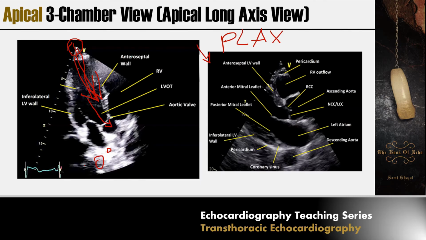But if you measure it in this view here, the parasternal long axis, the flow is here through the LVOT, and your ultrasound beam is almost perpendicular to the flow. It means around 90 degrees. So cosine of 90 degrees is 0, if you remember this from the physics lecture.